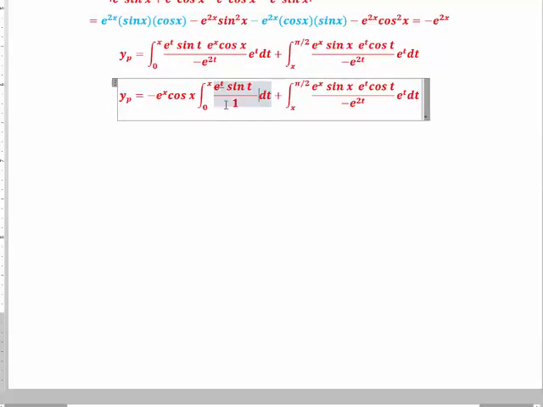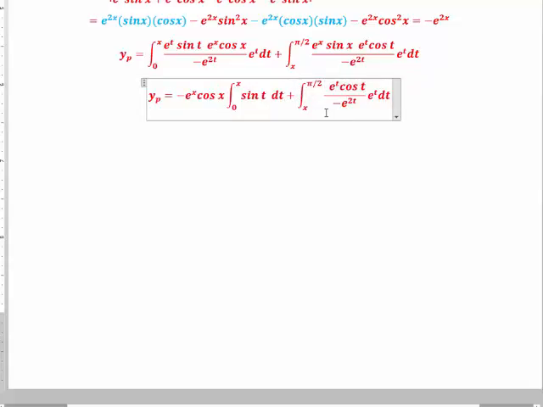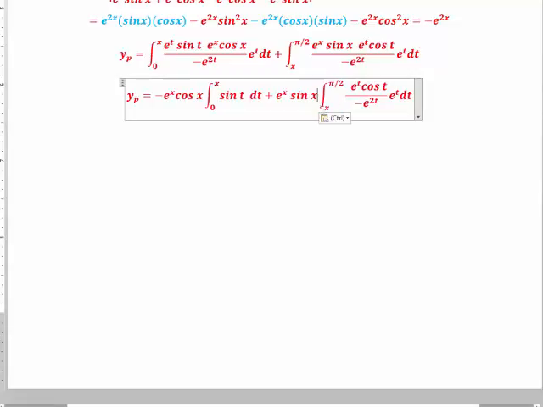Let's actually just get rid of this. So we really just have a sine t dt inside of the integral here, so let's replace that with sine t dt. That should be an easy integral, I hope. The same business over here. We have an e to the x sine x. Let's take that outside of the integral because it's constant with respect to t.